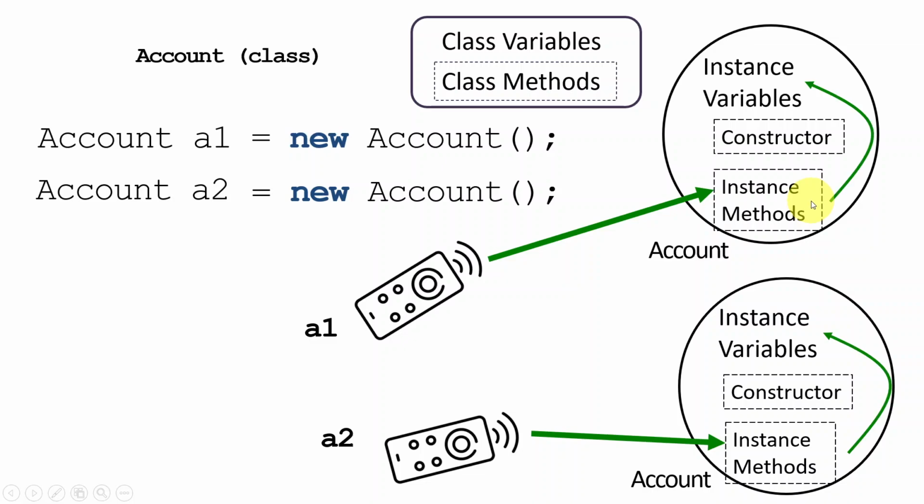And of course, once you call them, the instance methods have access to instance variables, and also instance methods have access to class methods. And class methods have access to the class variables. So that is how we work with instance methods. So that is how we are supposed to work with objects. That is what is meant by passing a message or calling a service.